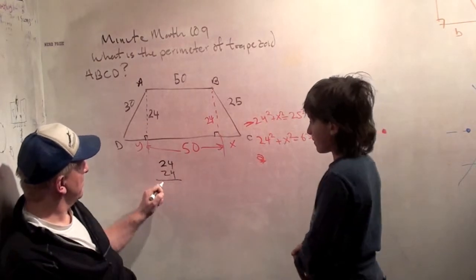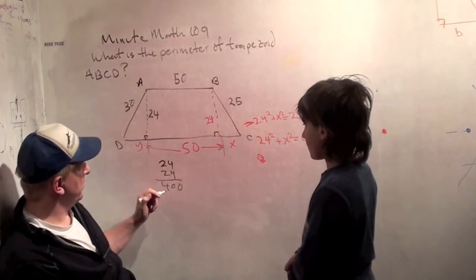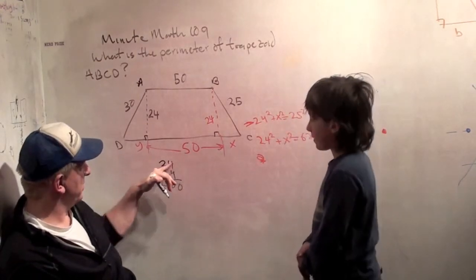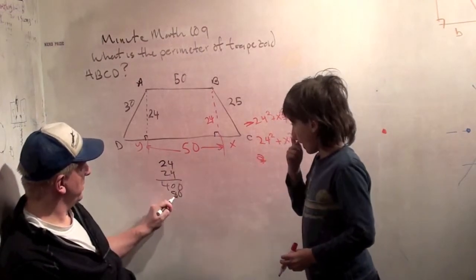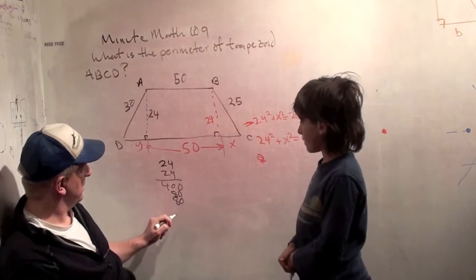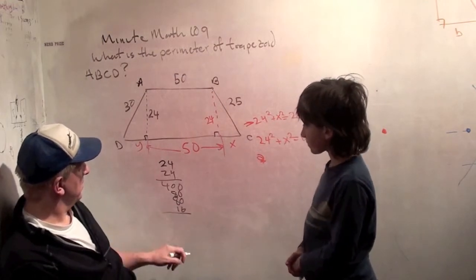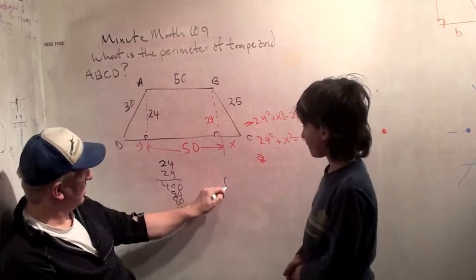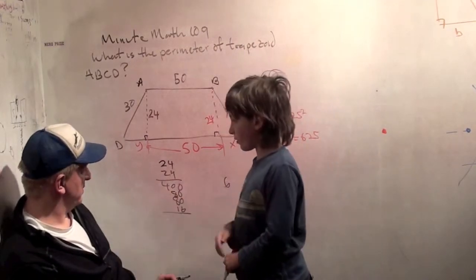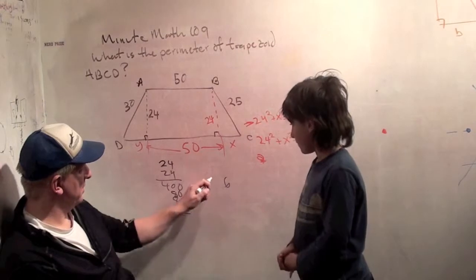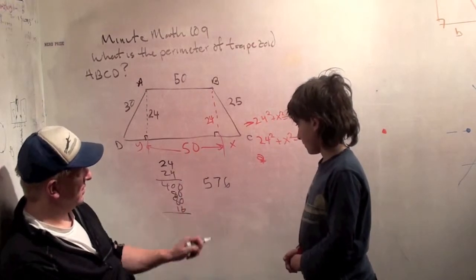It's 20 times 20, which is 400. And then 20 times 4 is 80, and 4 times 20 is 80. And then 16. So it ends in a 6. What's 80 plus 80 plus 16? It's 176. 176 plus 400 is 576.